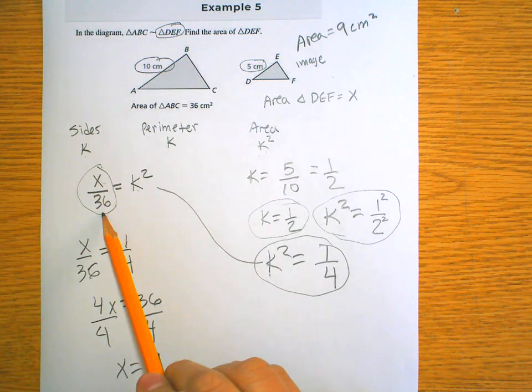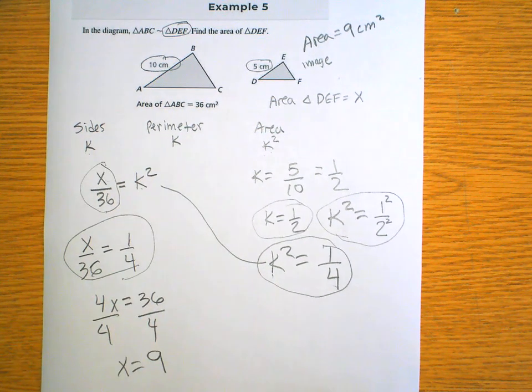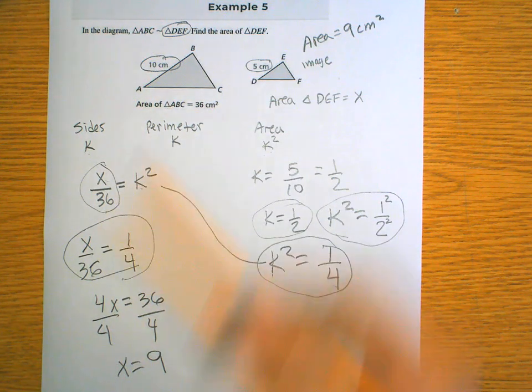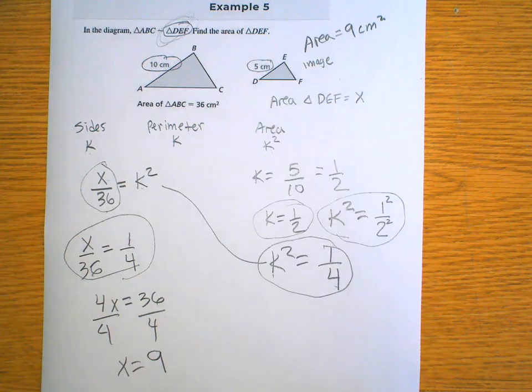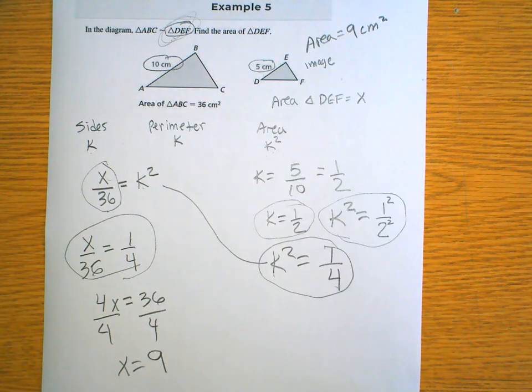So you're going to set this one equal to this one, like we did right there, and simply solve for x. And that's what's going to give you the area. Just remember that the second triangle, the second one mentioned in the similarity statement, is going to be the one that goes on top. Because remember when we did chapter 4 and we found scale factors, it's always the image over the pre-image.